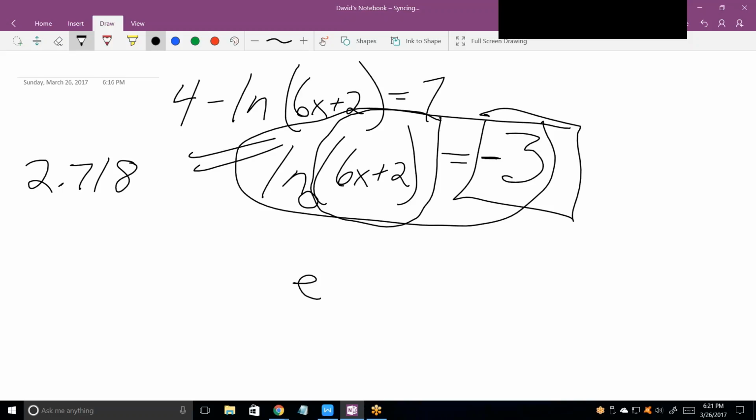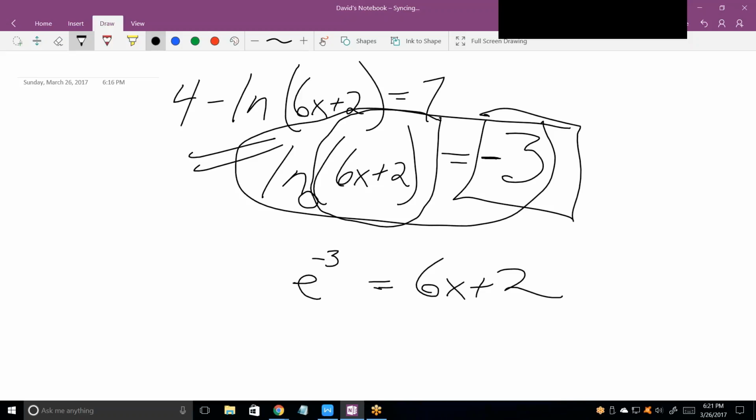I think the third decimal is 8. But it goes on and on forever. The most important part is that you know it's approximately 2.71. It's an extremely important number in a lot of higher mathematics. So you get e to the minus 3 equals 6x plus 2.